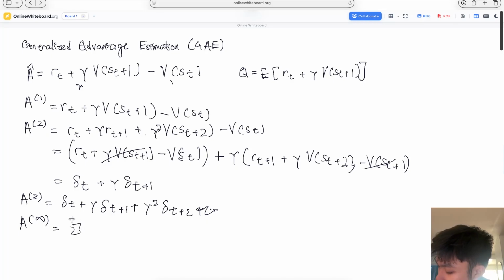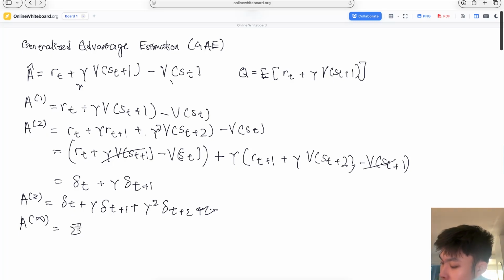So this would be the lowest bias but extremely high variance, because here we're still taking a sample estimate. You take the rewards for this sample, but this could lead to very high variance.